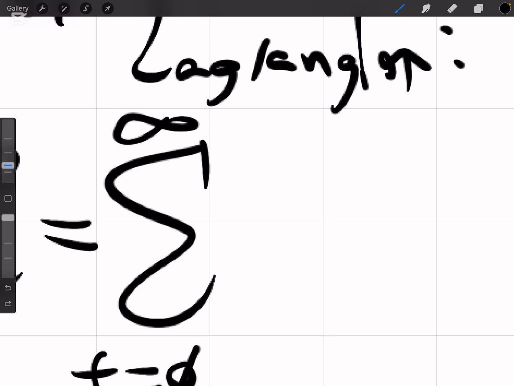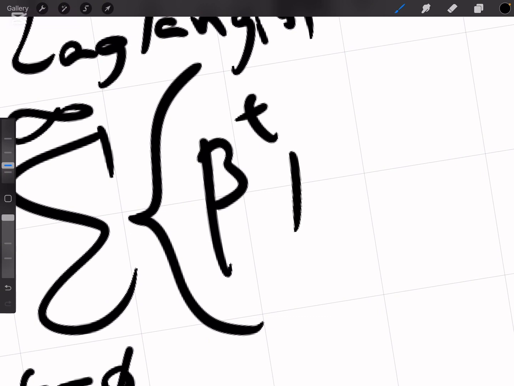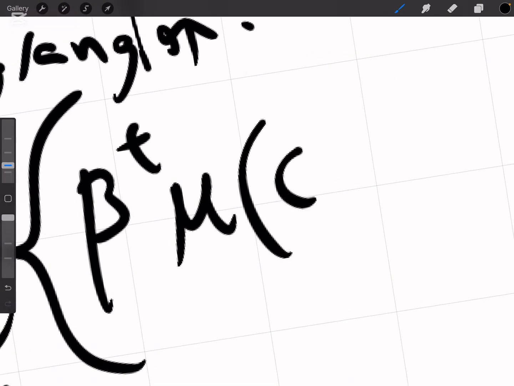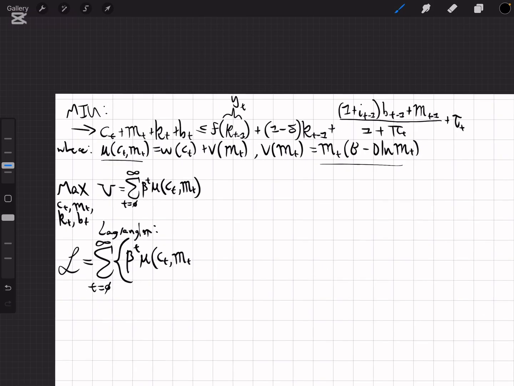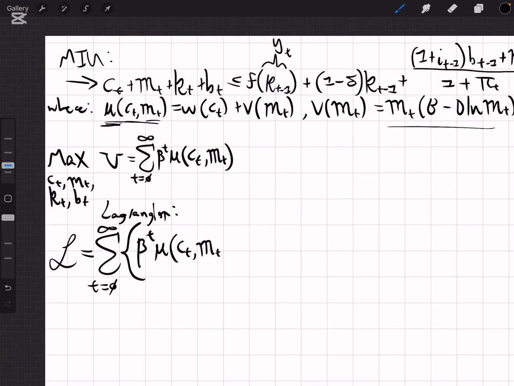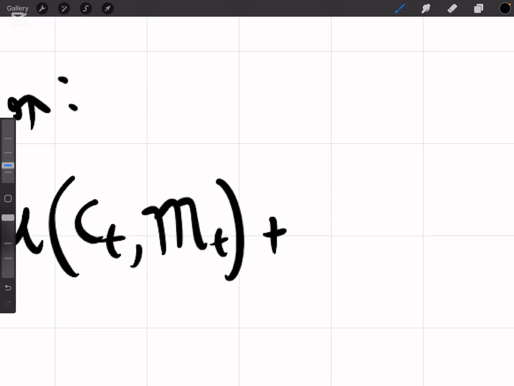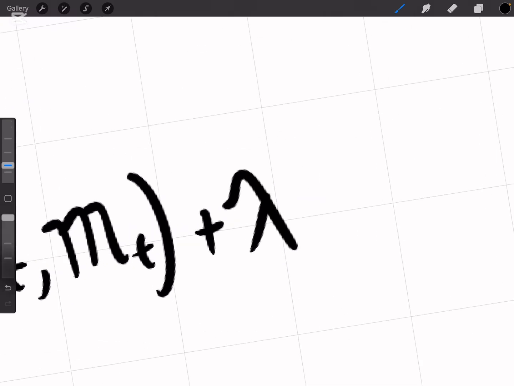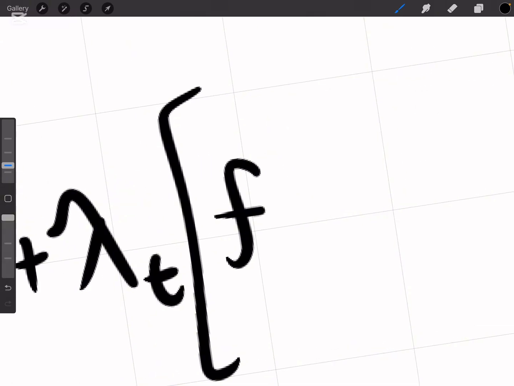So let's get started here, and we've got to get all this right. First you're going to put your utility, and I'm not going to sub in what the utility is just yet. It's not super important and it can get confusing, so I'm going to leave it as such. And obviously you've got your lambda at time t, times a function of, and this is similar to just having your y here.